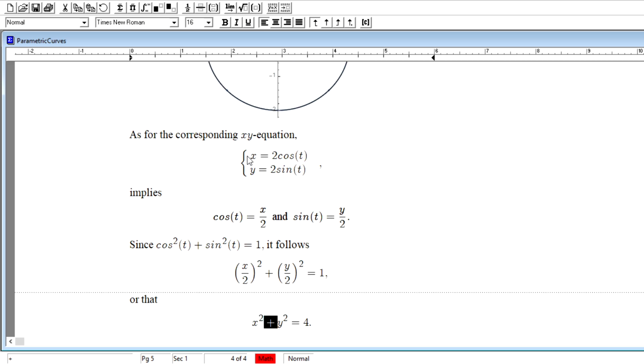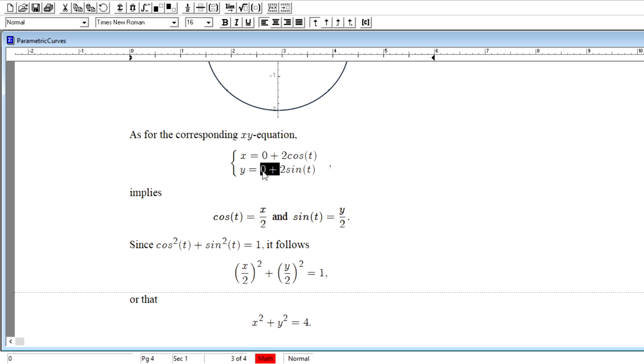And that's exactly what's described here by this set of parametric equations. We can see that our center is highlighted by the values of h and k in this equation, which are the constants of 0 in each case, being added to a cosine t and a sine t, where a in this case is the value of 2.